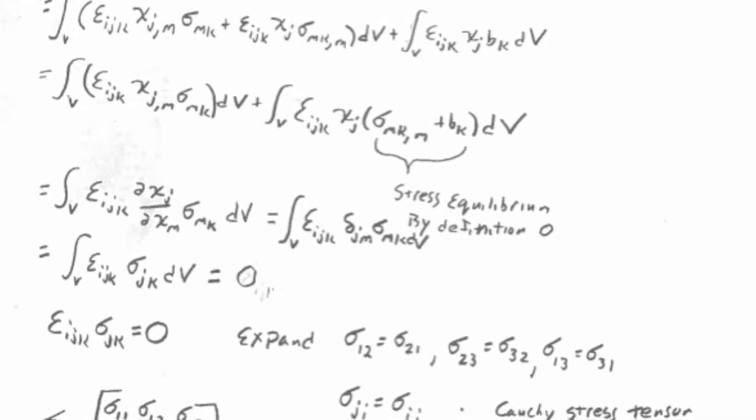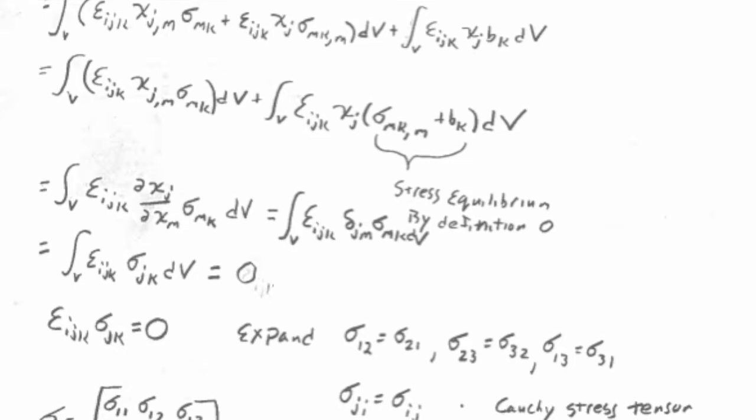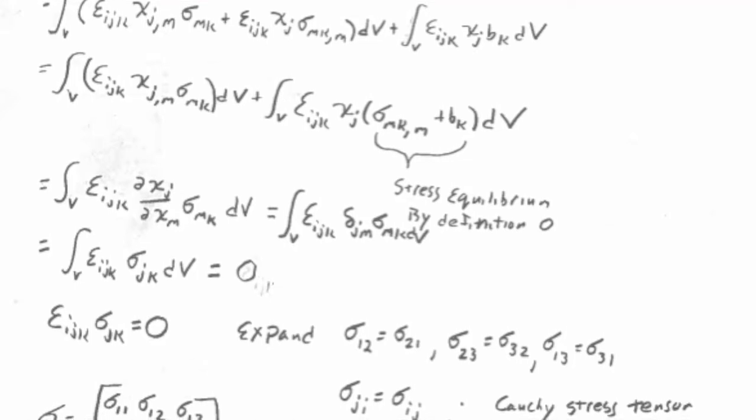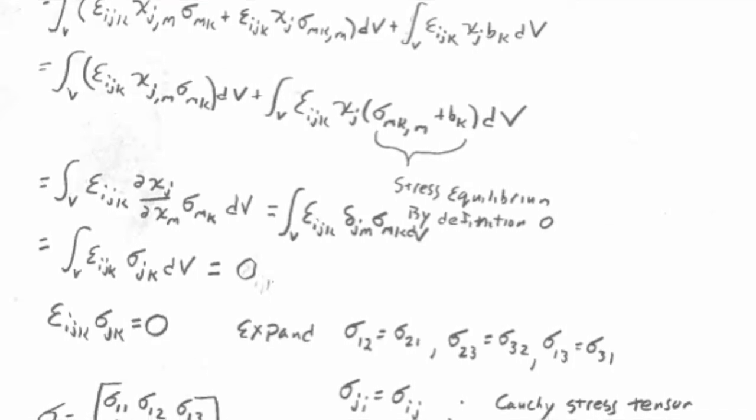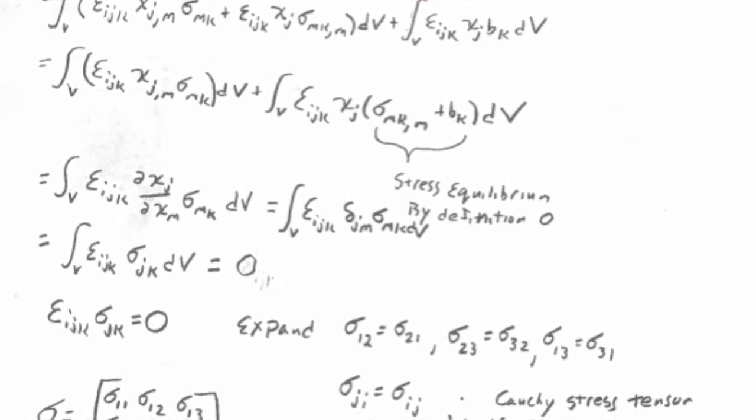So then we simply end up with epsilon_ijk sigma_jk equals 0, right? And so now here's the magic, right?